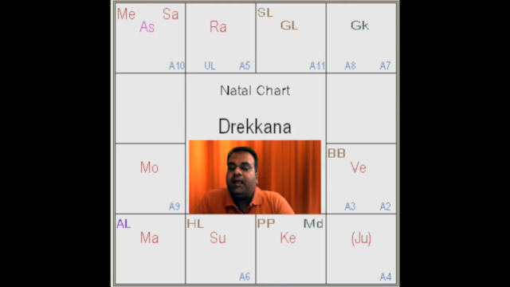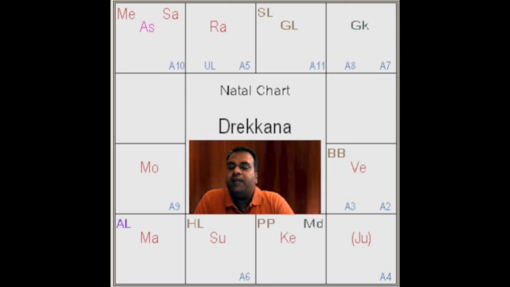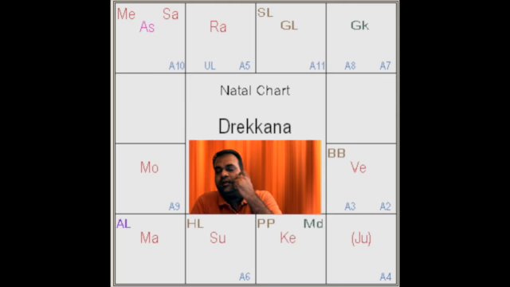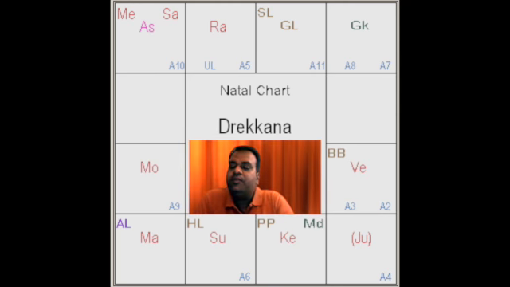And in the 10th house, Mars is there in Digbala. It is said that Indira Gandhi didn't have any siblings. She had one elder brother, but he died at a very early age.